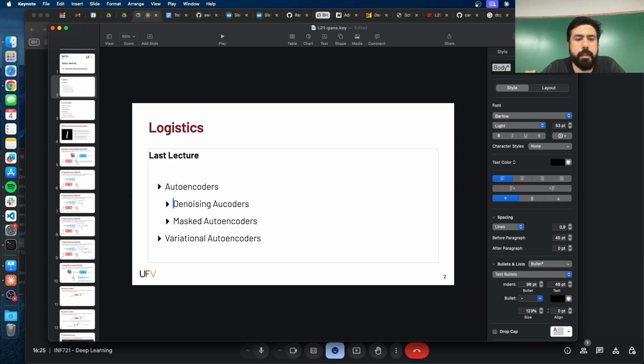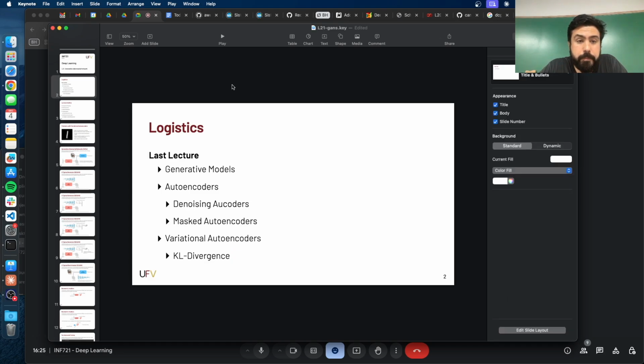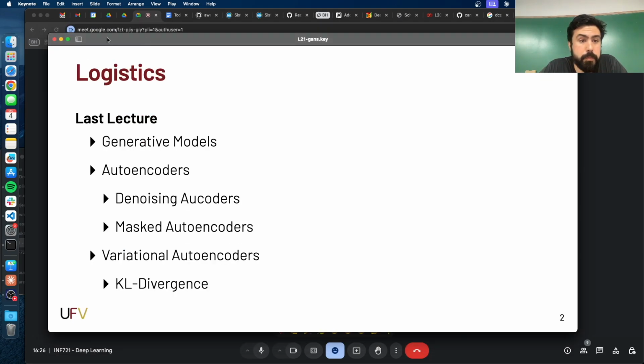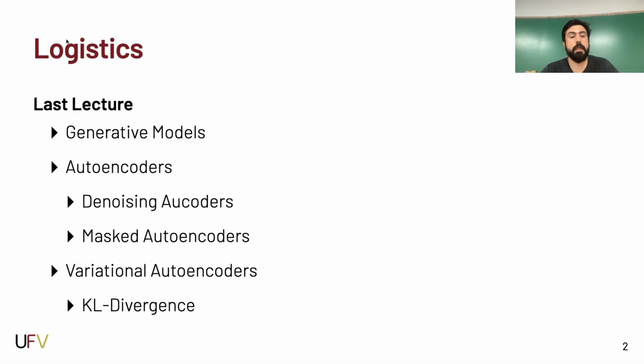And all of this was part of our discussion of generative modeling. And we're going to keep this discussion. But here we also saw KL divergence as a regularization term that we add to the mean square error to force our distribution to have 0 mean and 1 variance.